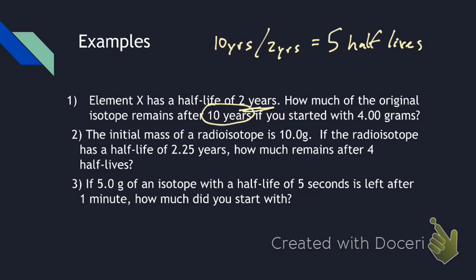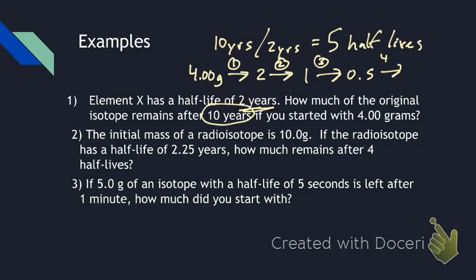And so if I start with 4 grams, after 1 half-life, it would have gone to 2 grams. After 2 half-lives, it would have gone to 1. After 3 half-lives, it would have halved again to 0.5. 4 half-lives would have been 0.25.